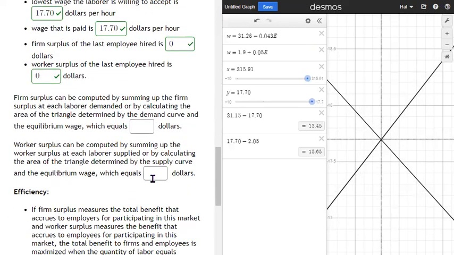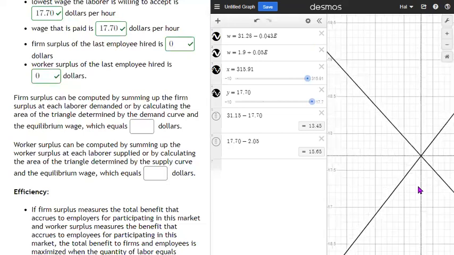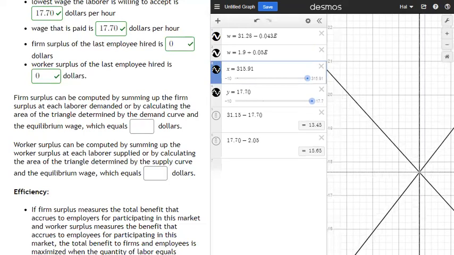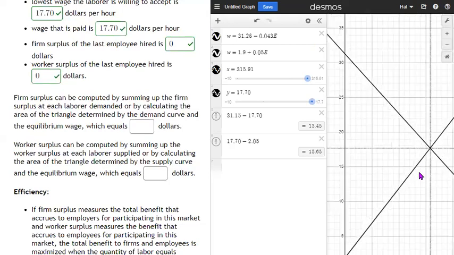Now, firm surplus can be computed by summing up the firm surplus at each laborer demanded, or by calculating the area of the triangle determined by the demand curve and the equilibrium wage. So we can calculate the firm surplus. Firms are buying labor, right? They're demanding labor.